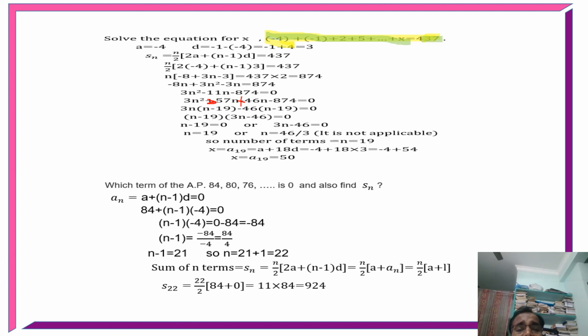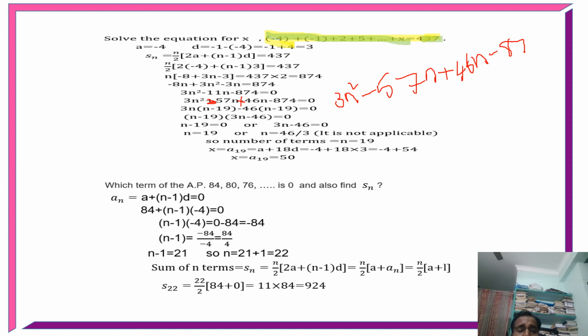If you factorize the second two terms, minus 46, we get n minus 19 as well.